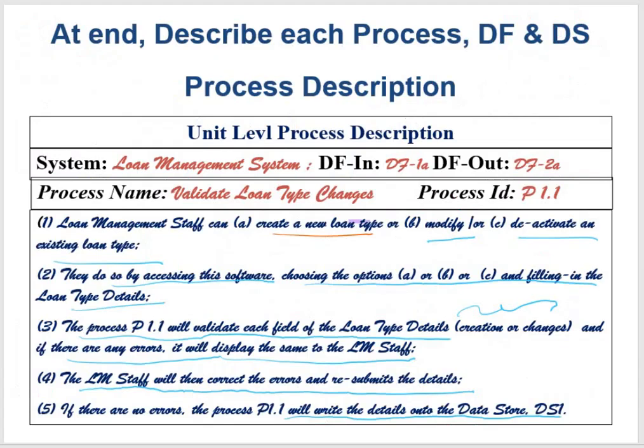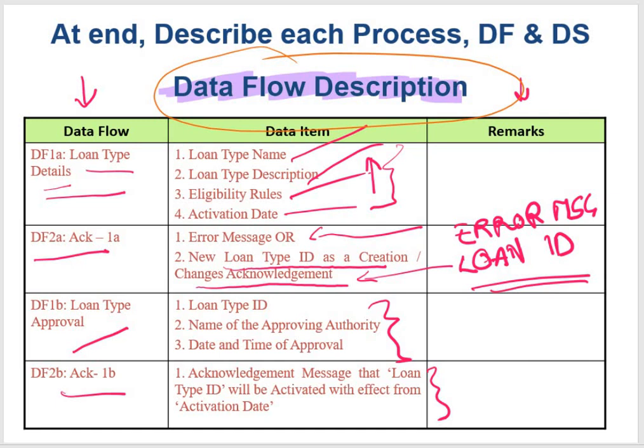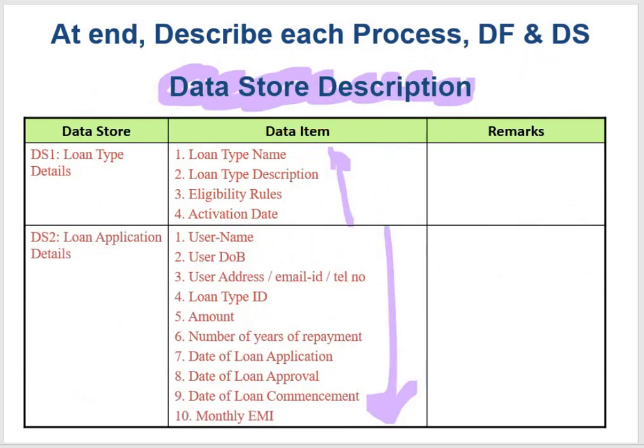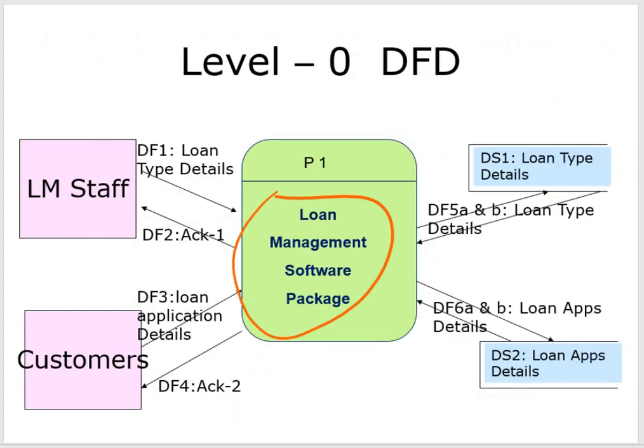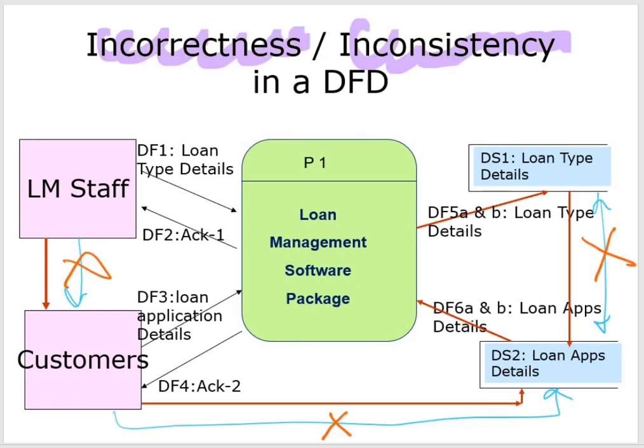And afterwards we saw the process description, then we talked about your data flow description, we looked into your data store description, then we looked into several quality attributes or the quality guidelines of these data flow diagrams, where we said that incorrectness or inconsistencies should not be there.